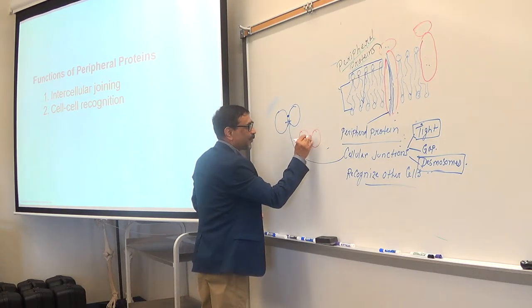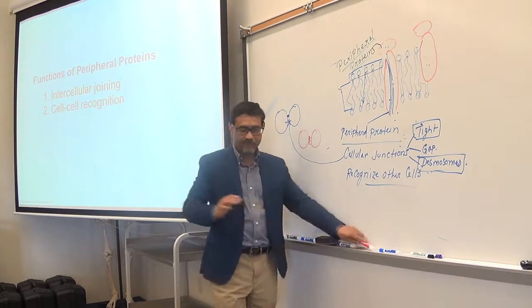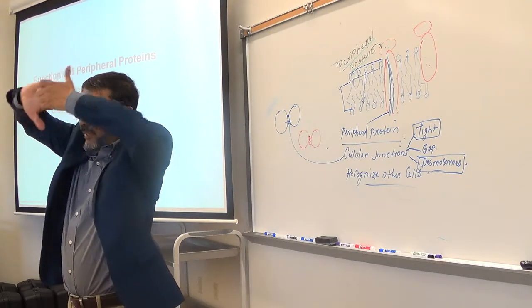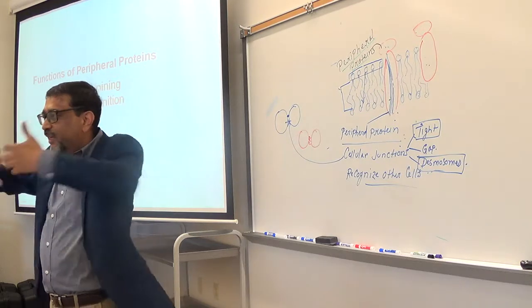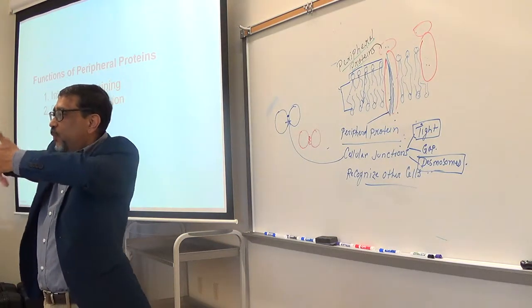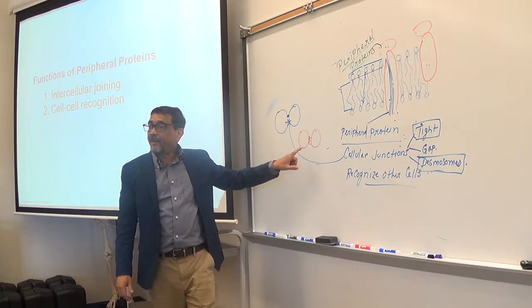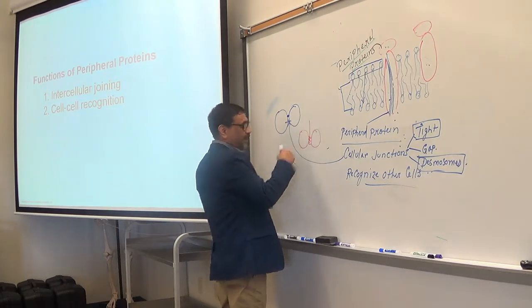From the cell membrane, protein structures come out like this and they get attached to each other like this. This is from one cell membrane, this is from another cell membrane, and they hold them very strongly like this. Make sense? So the cell membranes will not get separated. Okay? So these protein structures are called cadherins or linker glycoproteins.